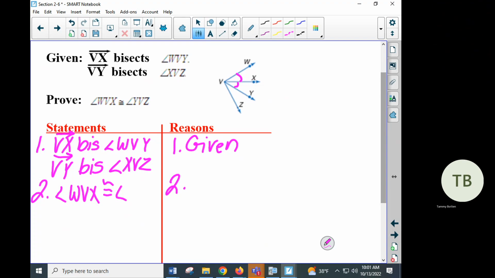Now this one can be XBY or YBX. And if you look at the four they have here, that is not one that they have there. So I'm going to just say XBY.